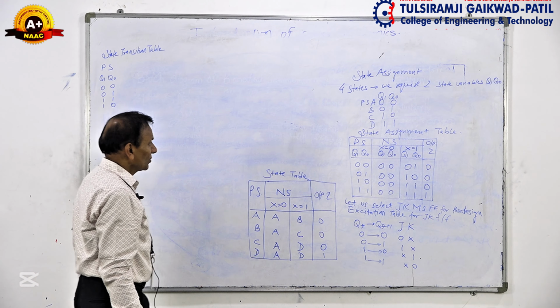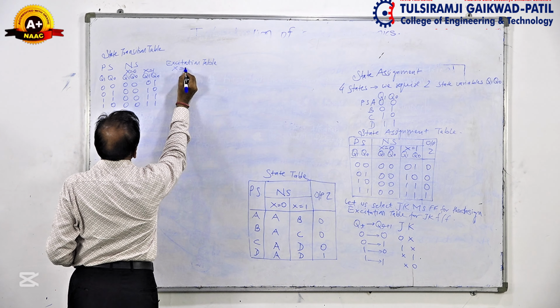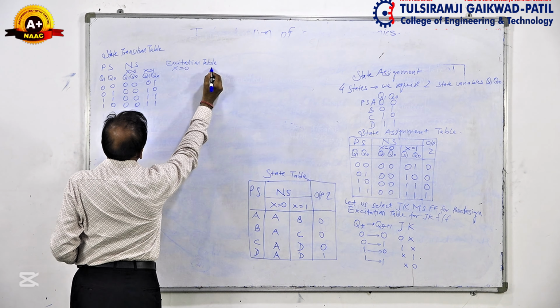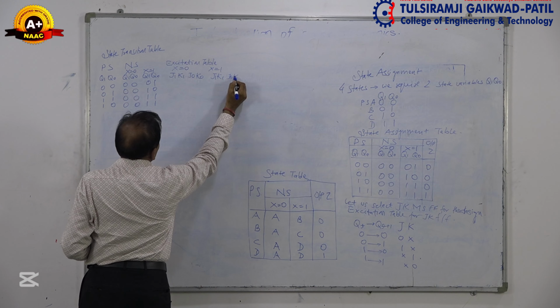So here we will write the values of JK inputs. So we will write for x equal to 0 and for x equal to 1. Here it is J1 K1, J0 K0, here J1 K1, J0 K0.